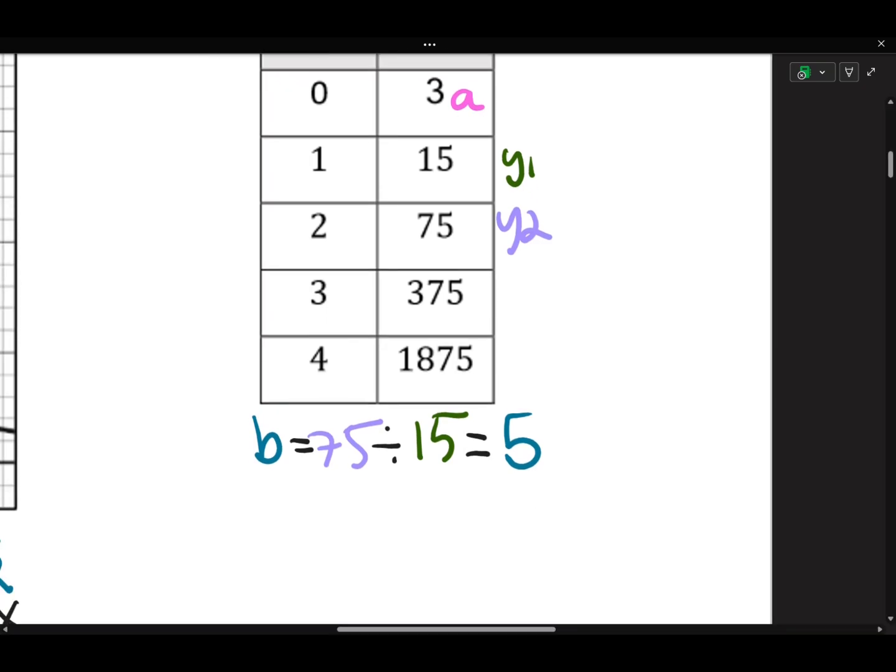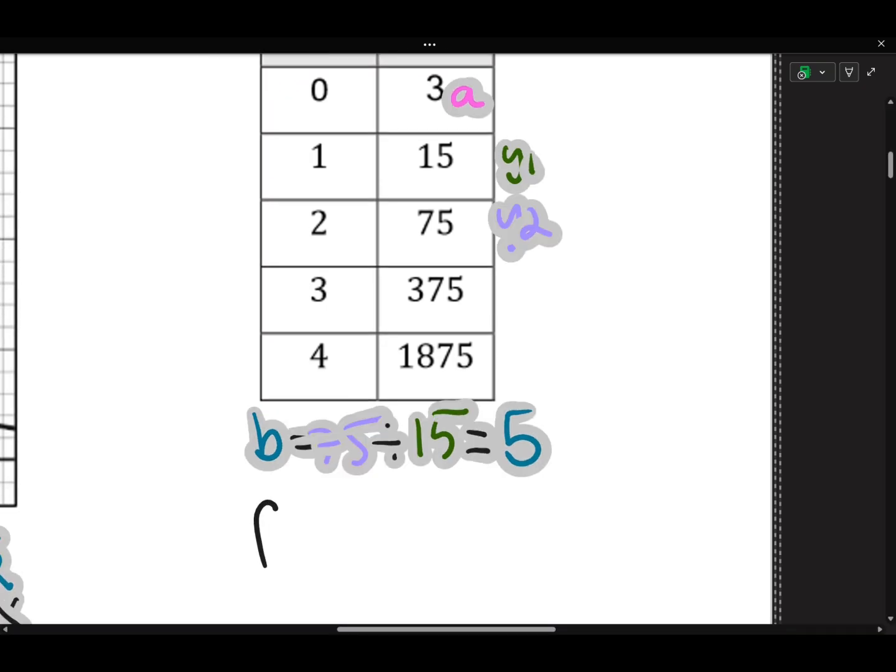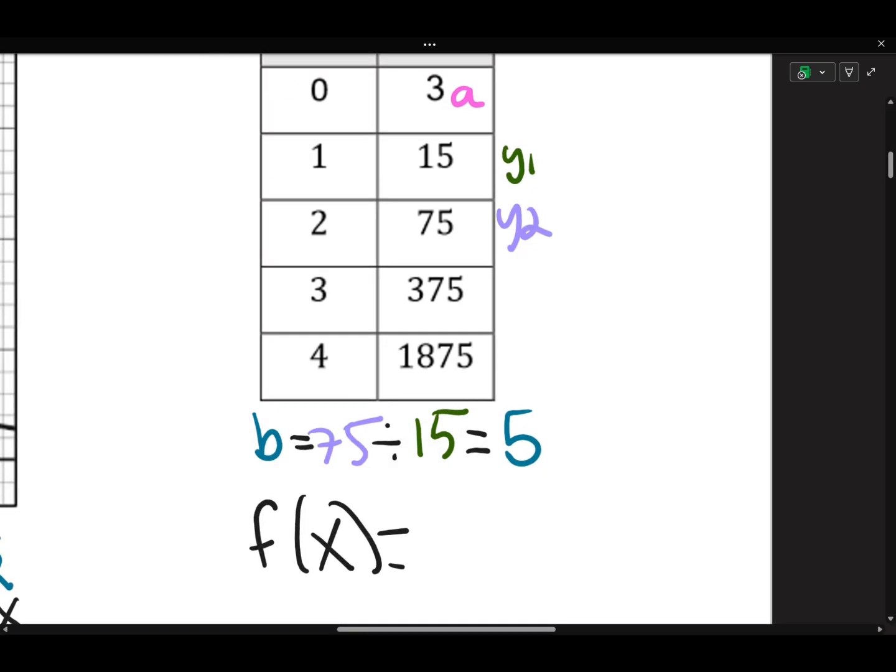Alright, let's write our function. F of x equals 3, parentheses, the 5 that we got from our pattern, to the power of x. Fantastic.